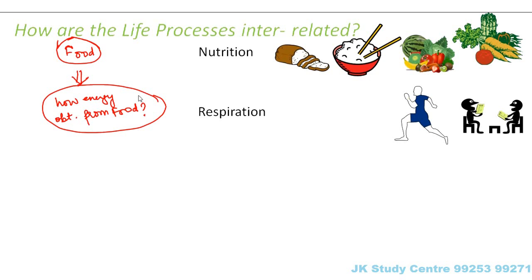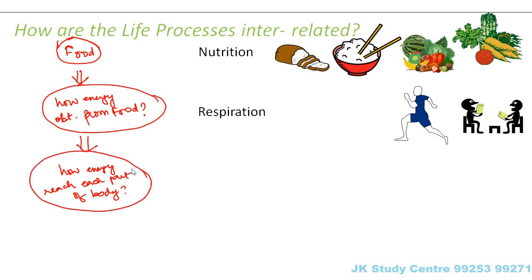Okay, so now the question is, so we got energy from food, from respiration. So now the question is how this energy in the form of food or gas reaches the body. So how does energy reach each part of the body, because each and every cell inside our body needs energy, right?